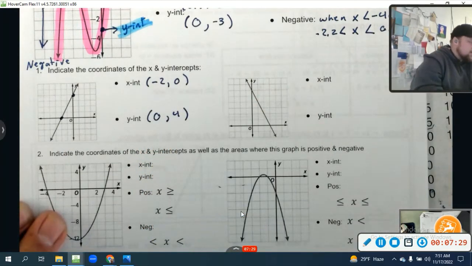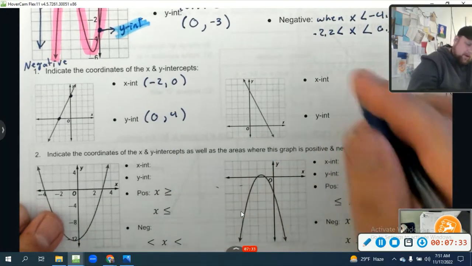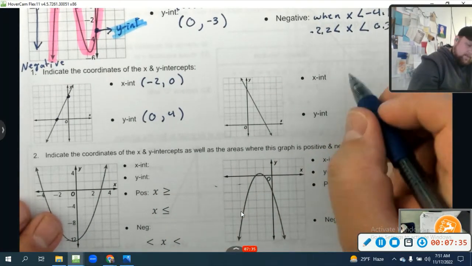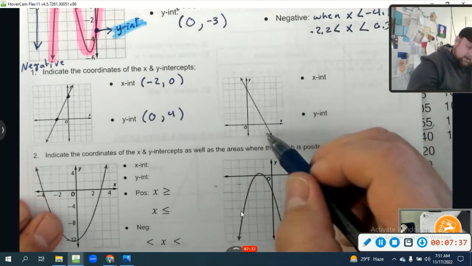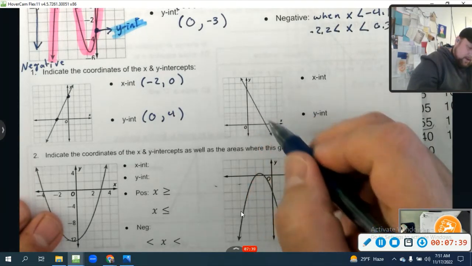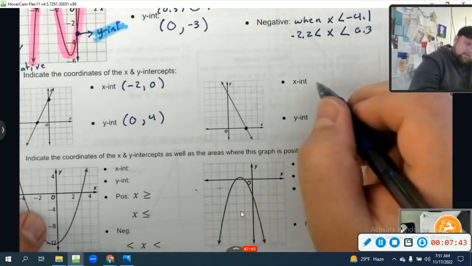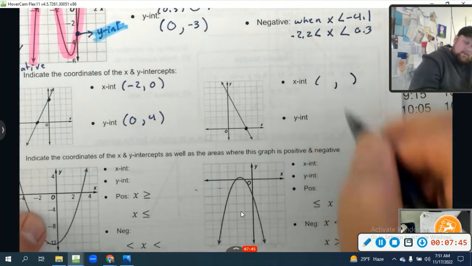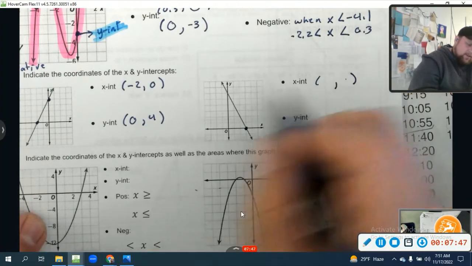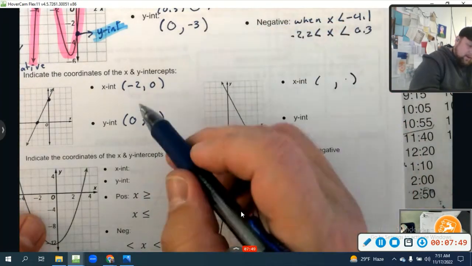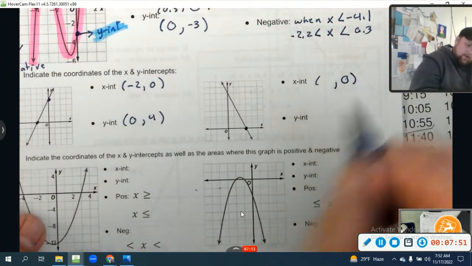You might be starting to notice a pattern at the intercepts. There's something about one of the variables in each one. So let's look at the x-intercept here. When I look at the x-intercept, do you know automatically what that y value is going to be? Do you notice that every x-intercept so far, look at all the x-intercepts, y is always 0.